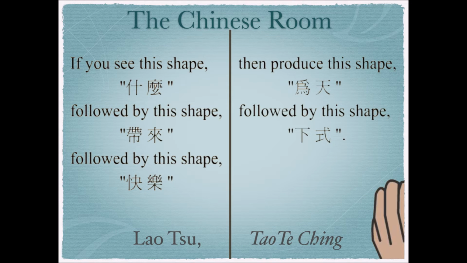However, this follows a stimulus, response, and reinforcement pattern, as you see in this example by Lao Tzu. If you see this shape followed by this shape followed by this shape, then produce this shape followed by this shape.